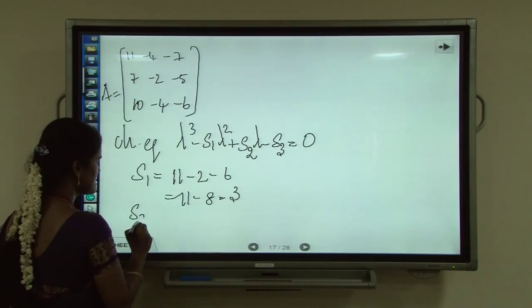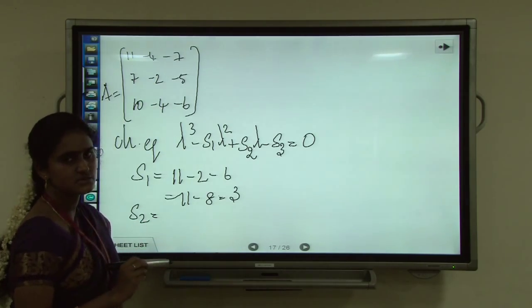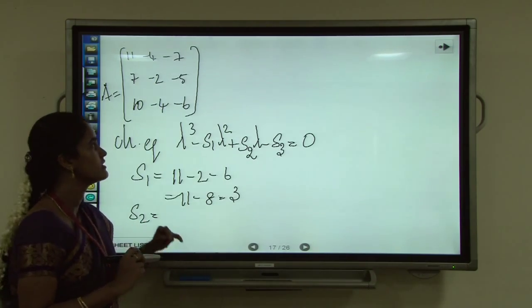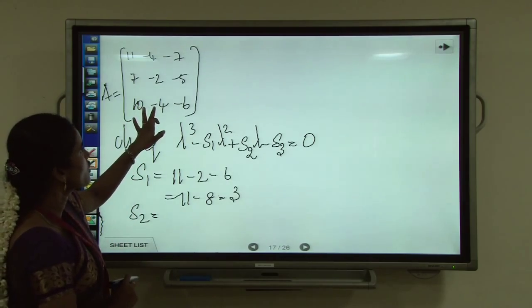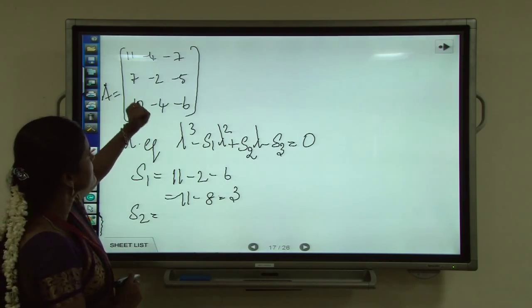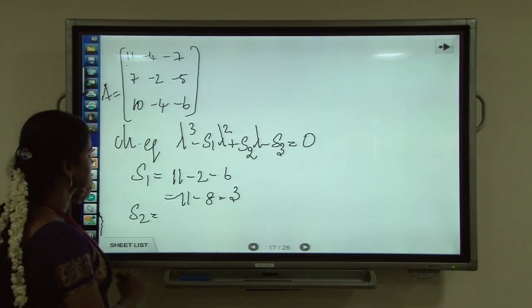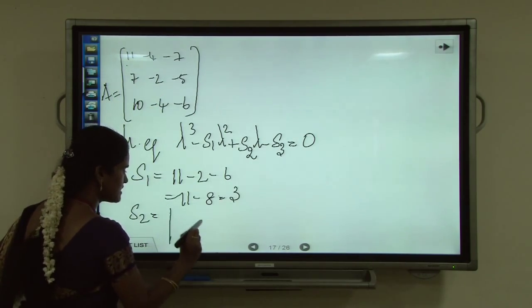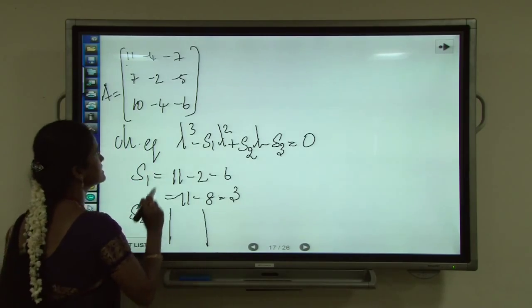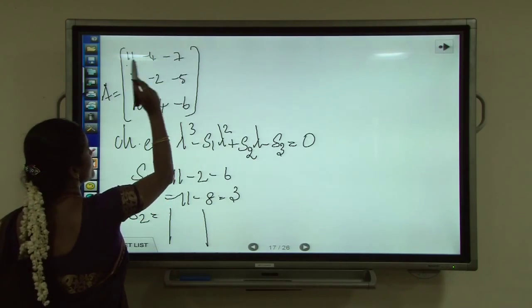Now S2 is defined as the sum of the minors of the main diagonal elements, which are 11, minus 2, and minus 6. Finding the minor of each diagonal element means leaving off the corresponding row and column.